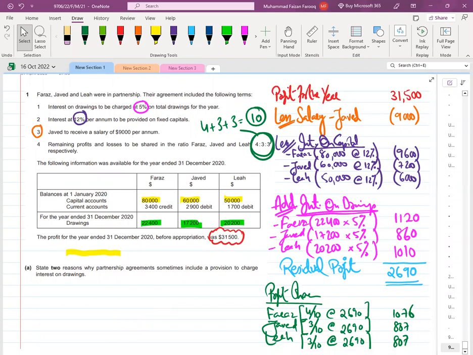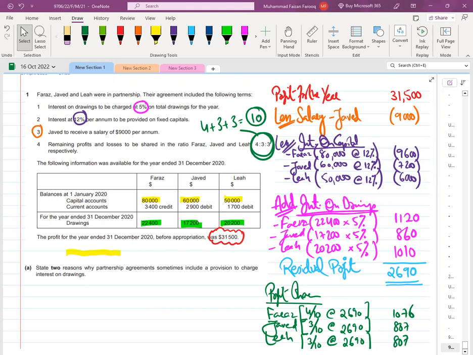The reason behind charging interest on drawing is to restrict partners from making excessive drawings, 1 mark, and to reward partners who are doing the least drawings by charging those partners who are doing more drawings. So these are very easy 2 marks. This is theory. So we did that: appropriation 5 marks, small theory 2 marks.